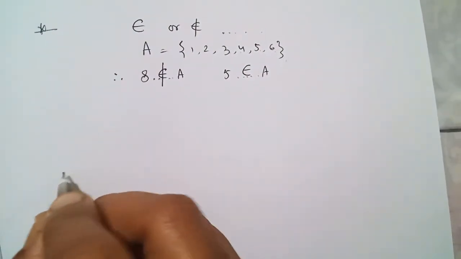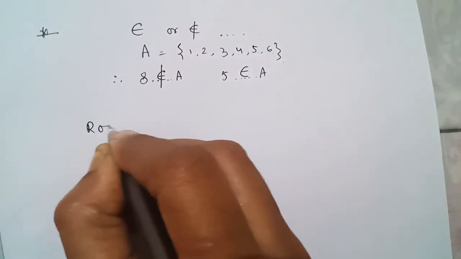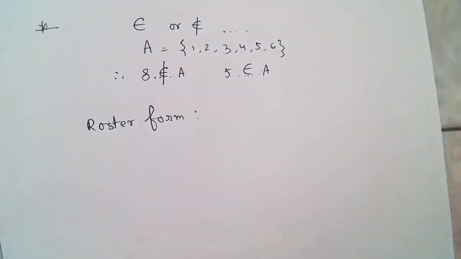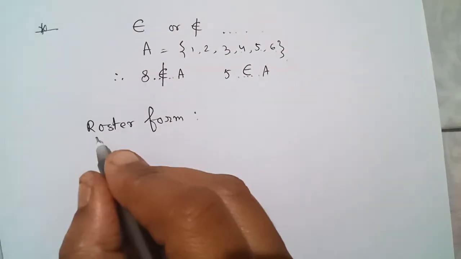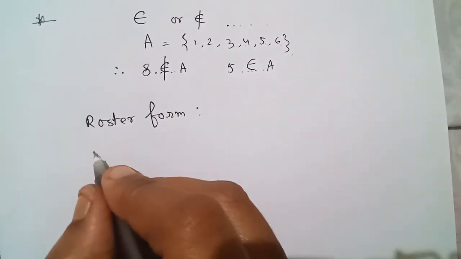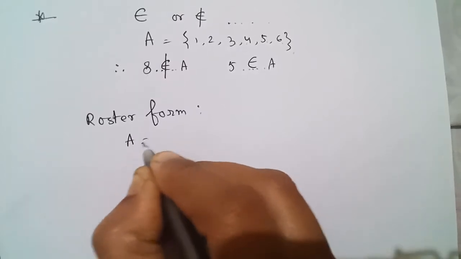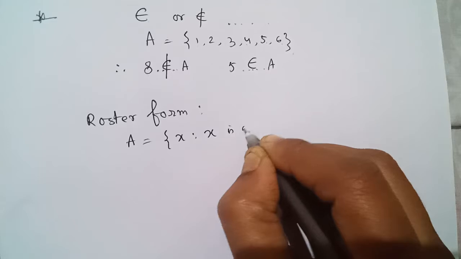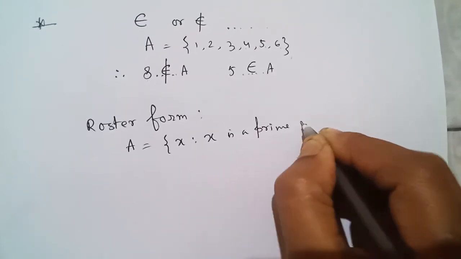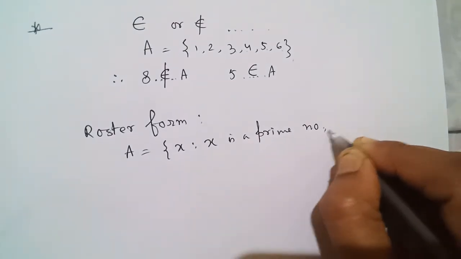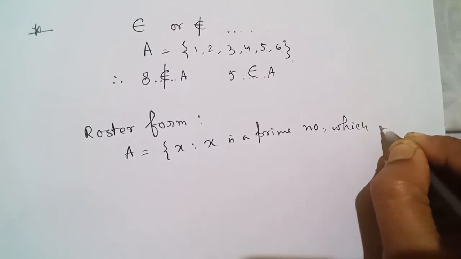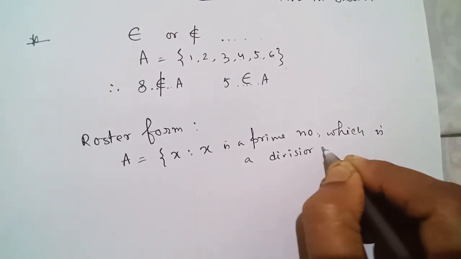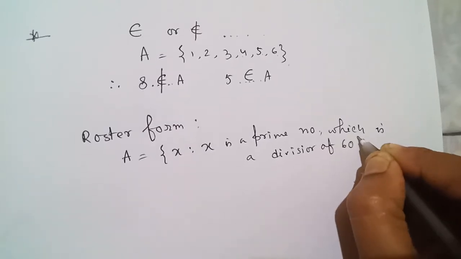Then find sets in roster form. That means set builder form is given, you have to find it in roster form. Suppose A equals x such that x is a prime number which is a divisor of 60.